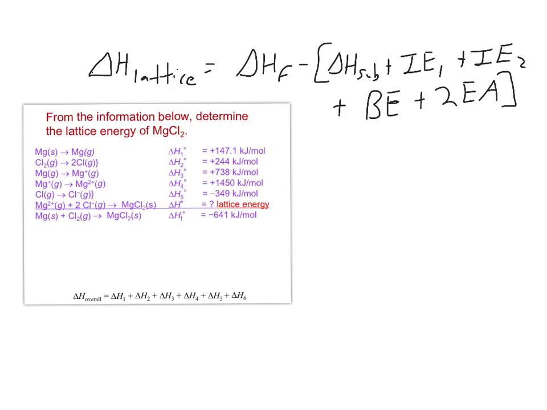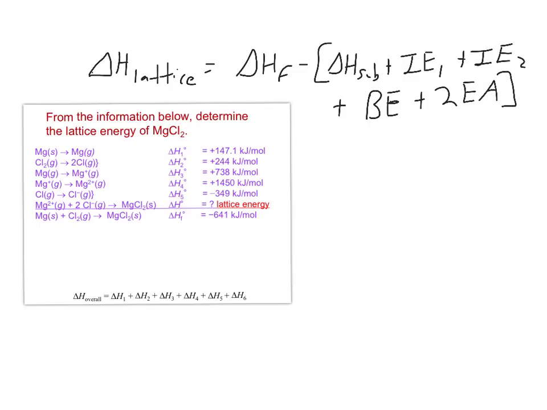In conducting a lattice energy calculation, usually you're given a table of information about all the various steps that we went through in the previous slide for the Born-Haber process. It becomes a matter of identifying which of these energy values corresponds with the chemical process described.